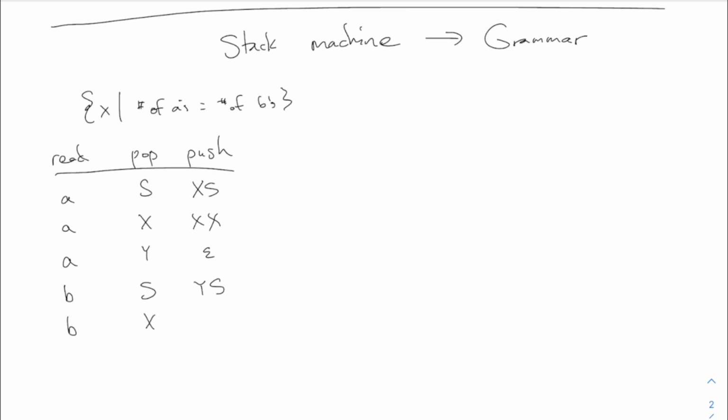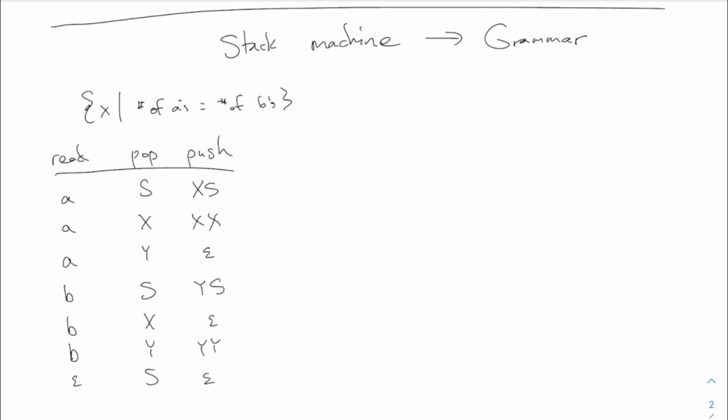If you see B and X, they should cancel. If you see B and Y, you should get another Y. And then to get rid of the S, there's an epsilon rule, which you only do really at the end.